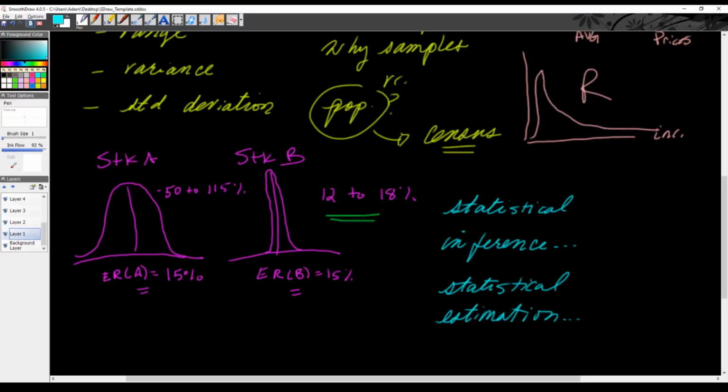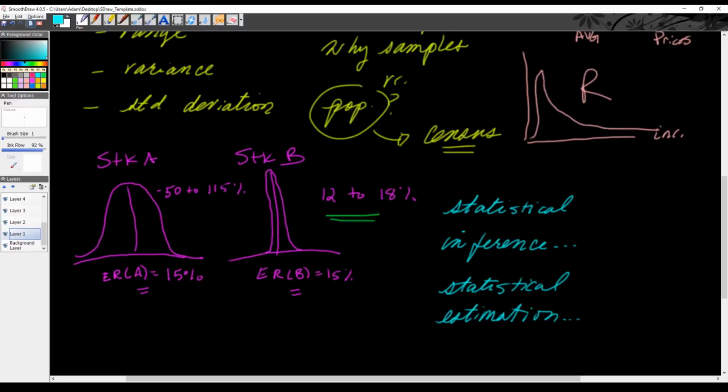We're going to use the sample to solve for a statistic. And then we're going to use statistical ideas like the central limit theorem to be able to say something about how far that estimate deviates from the true population value. Again, we'll cross that bridge when we get there.